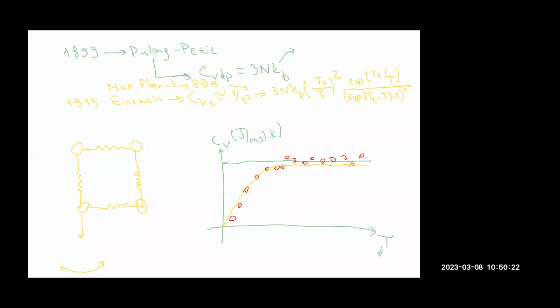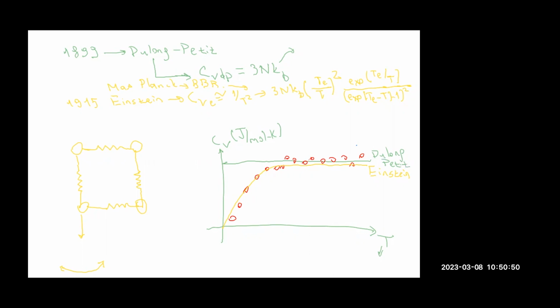This is the Einstein model, and this green one is Dulong and Petit. So far, so good.